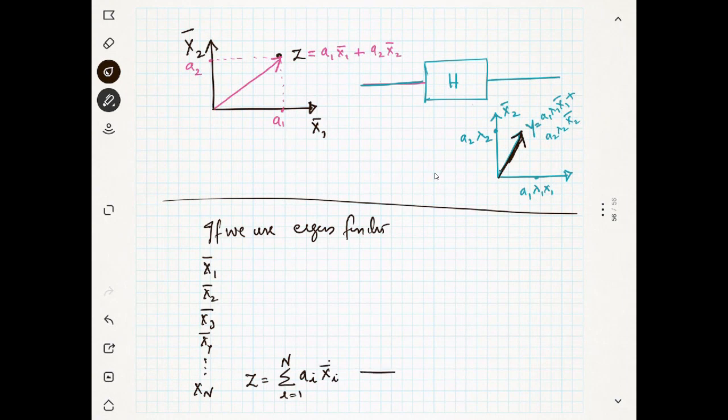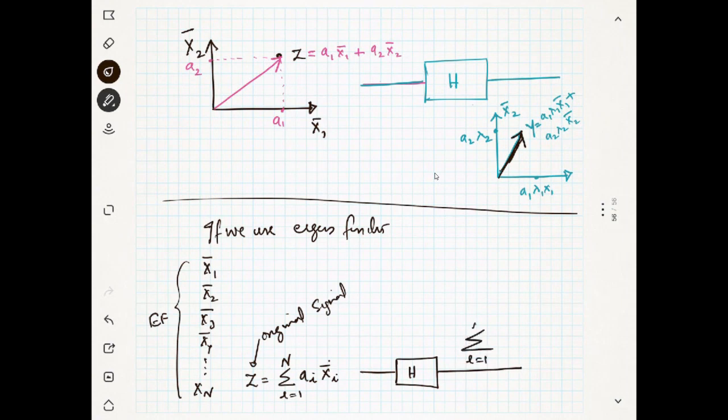If this is your input, you pass it through the system h, and these are all eigenfunctions, representing your original signal using eigenfunctions, and you will get the output as summation i equal to 1 to n, where each ai gets multiplied with lambda i into xi bar.